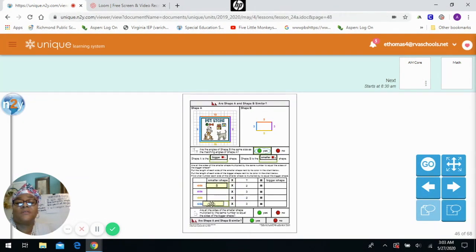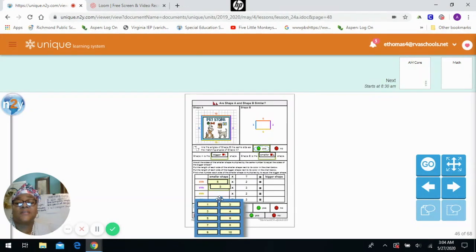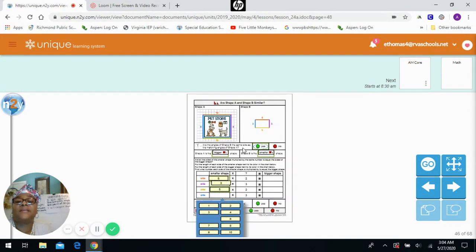Go in there. 3. And the yellow side is 5. And the blue side is 3. All right, so now let's do the same thing for the bigger shape.